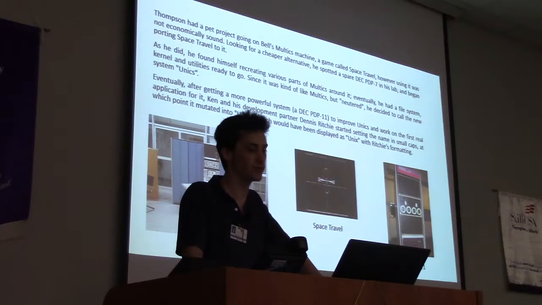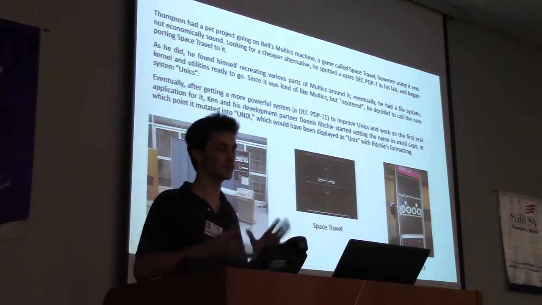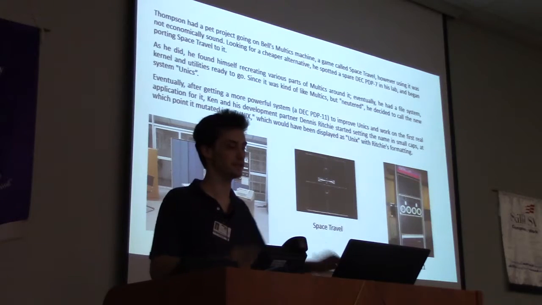As he did, he found himself recreating various parts of Multics around it, usually a file system and a kernel itself, not the Linux kernel, mind you, but its own kernel and utilities and everything that the user uses to work with the machine, the hardware.